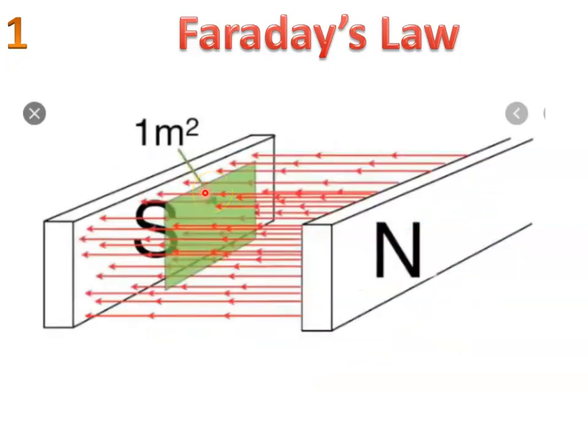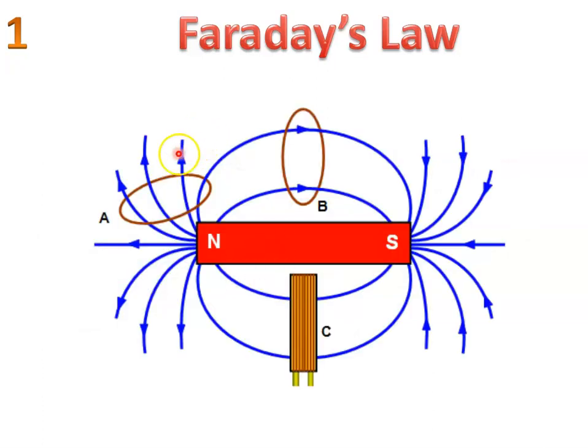Now here you can see 2 poles, N and S. This can be an electromagnet in fact, and magnetic lines of force start from the N pole and terminate upon the S pole. Here you can see that these lines are not diverging out, like what is happening here, where 3-4 lines are diverging out.